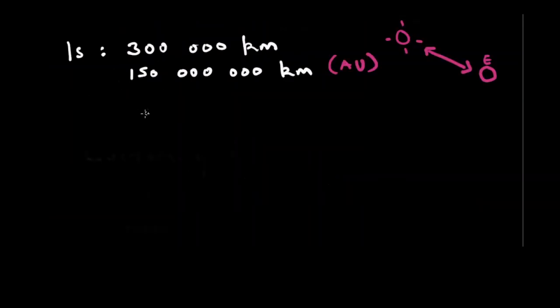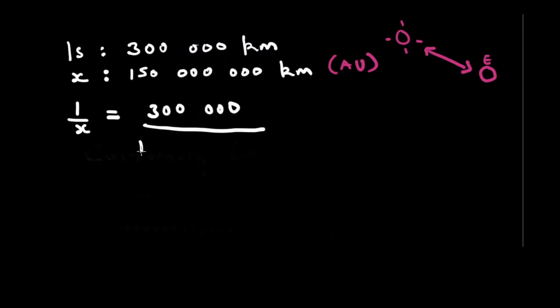So these are our proportional statements. 1 second, 300,000 kilometers. We need to find out how many seconds for 150 million kilometers. So x is representing our unknown. We are then going to convert this side into a fraction. It becomes 1 over x is equal to this side again, 300,000 over 150 million.